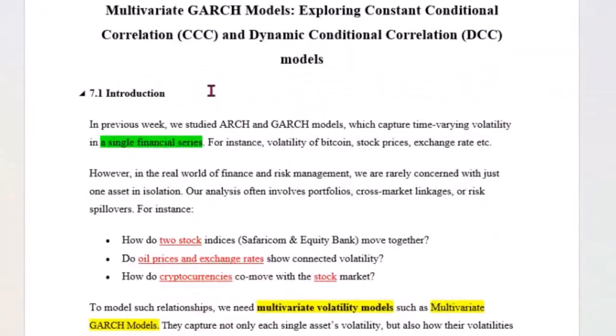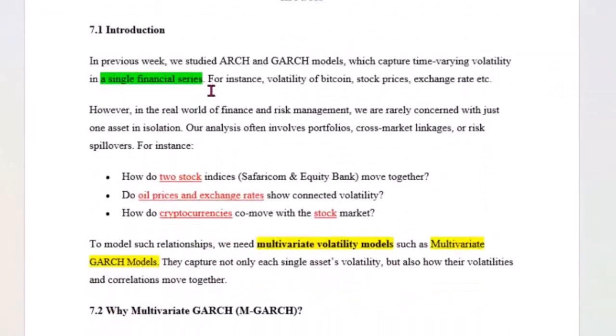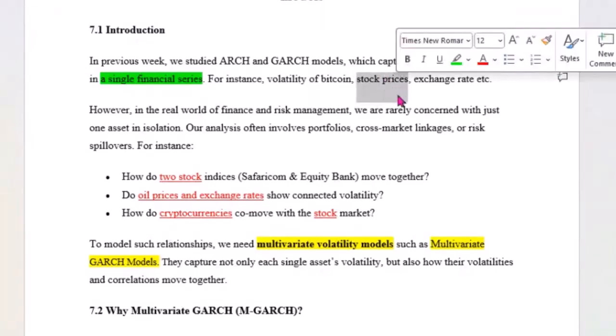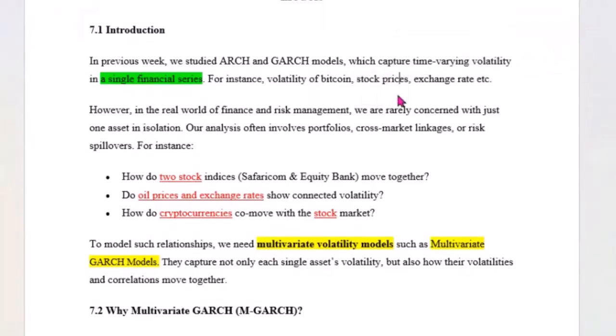So we look at the introduction. In the previous class, we studied the ARCH and GARCH models, which capture the time varying volatility in a single financial series. For example, you can look at the volatility of Bitcoin, the volatility of stock prices of a particular company, or the exchange rate.